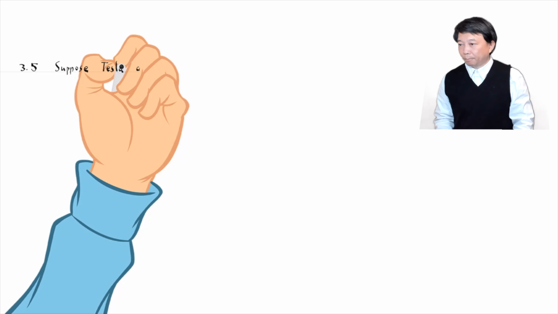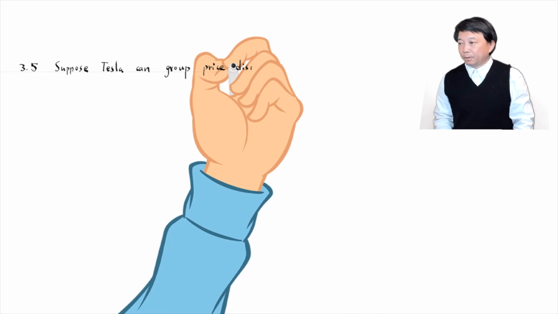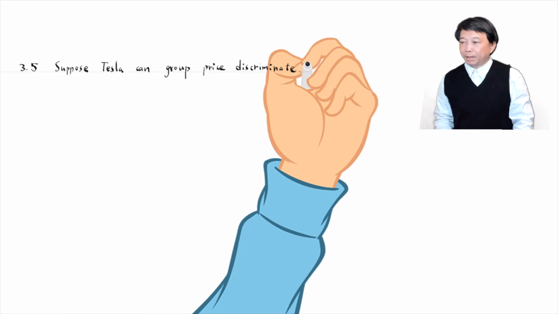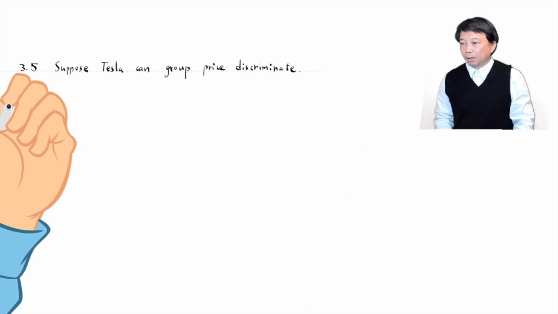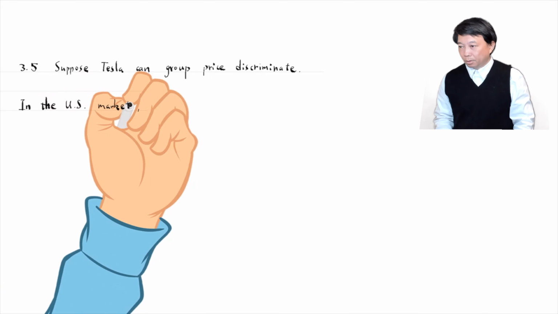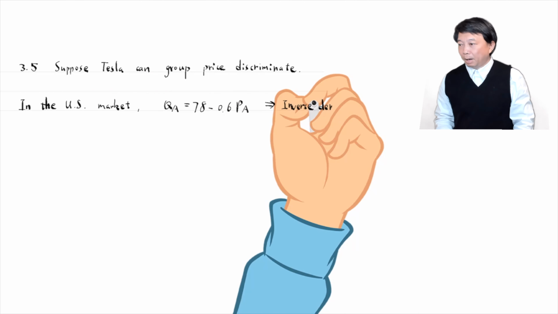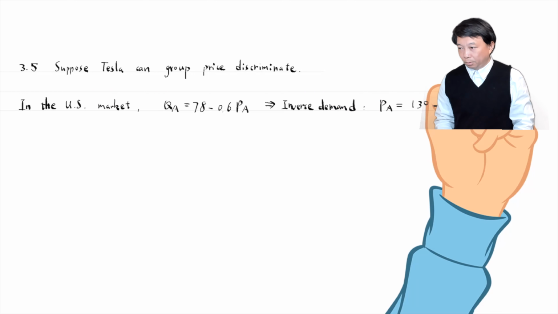Suppose Tesla can group price discriminate. It maximizes its total profit by setting its marginal revenue equal to its marginal cost at each market. In the US market, we can write the inverse demand function from the demand function.